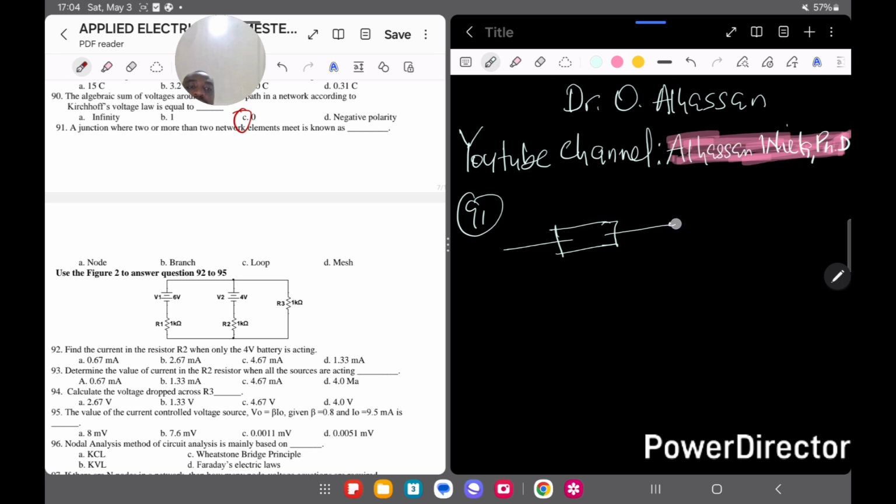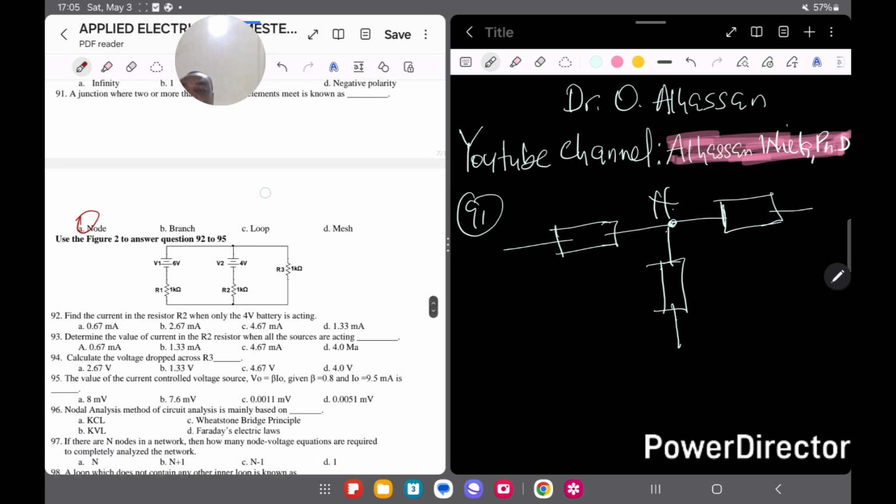That's one element. Then you connect it to another resistor, that's your second element. And then you have a third element here. You can see we have three elements. So if you have two or more, then that becomes a node. So here becomes a node. So the answer for question 91 is A.